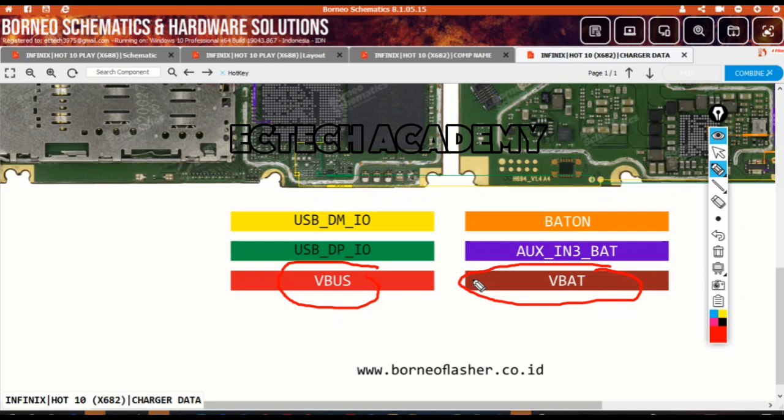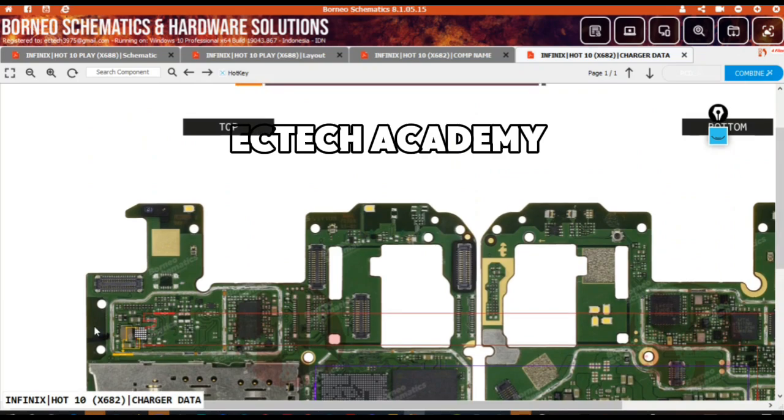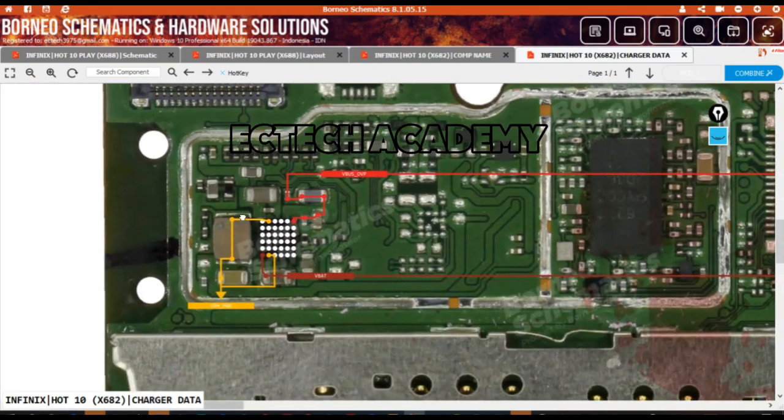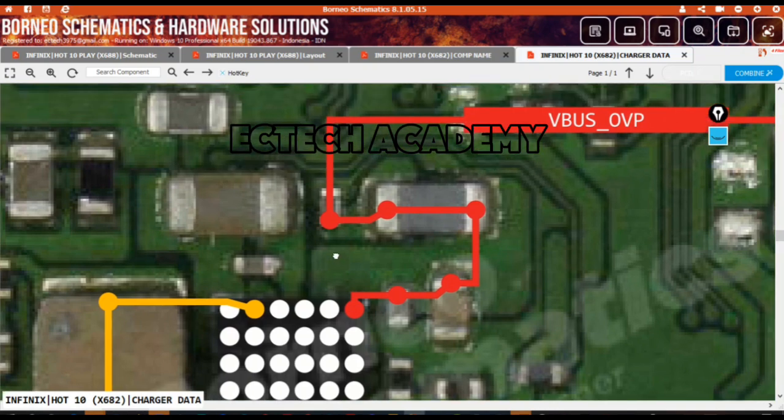Whenever you are troubleshooting, basically you are finding fibos and vbat. Hope you understand. Now let's continue our class from where we stopped.